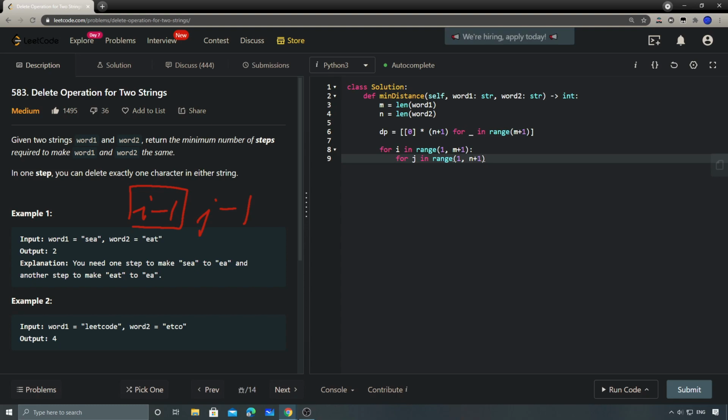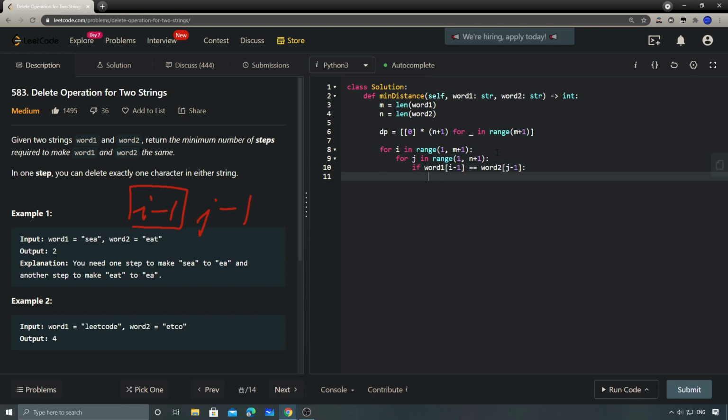Then we compare the characters for i and j. Since i is 1-based and the word is 0-based, we have to use word1[i minus 1] and word2[j minus 1].